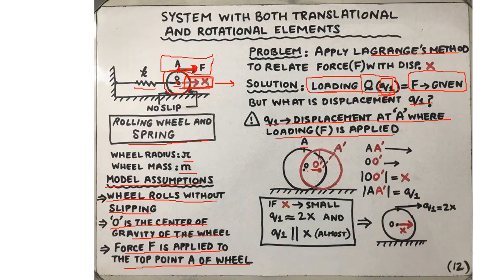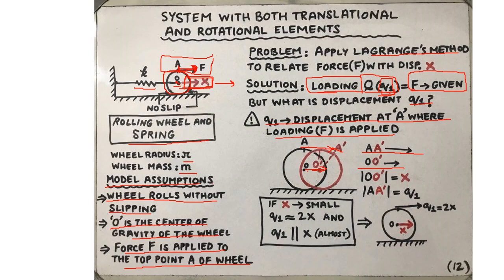And the top point of the wheel A becomes A prime as shown here. So if we connect A with A prime with the help of a vector, this is how it looks. It is not perfectly horizontal, it is slightly tilted downward. But what about the vector joining O and O prime? That is a perfect horizontal arrow, a leftward arrow.